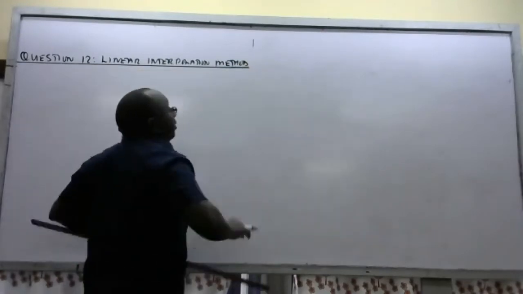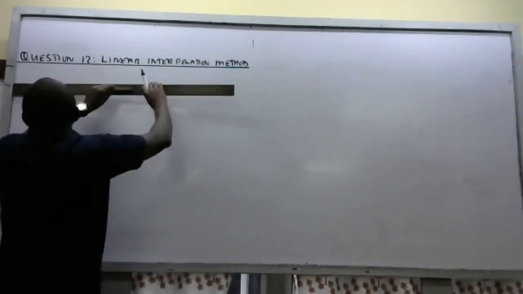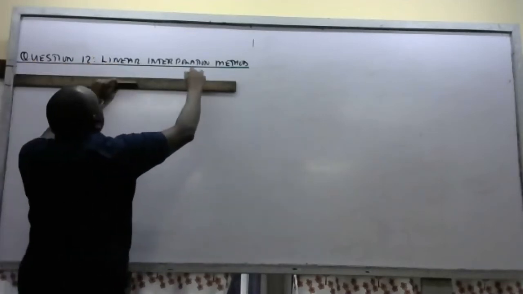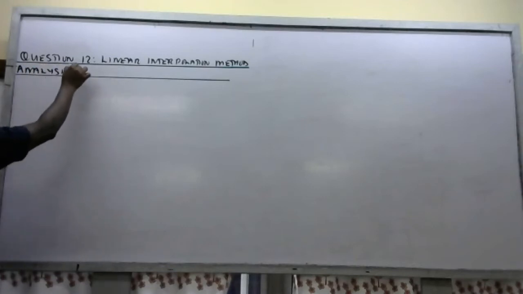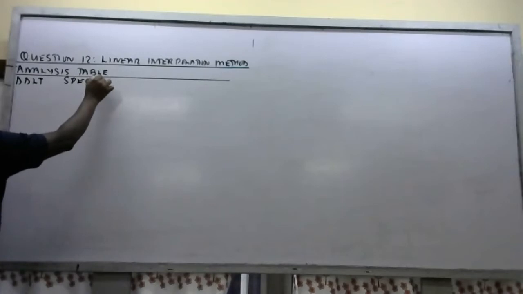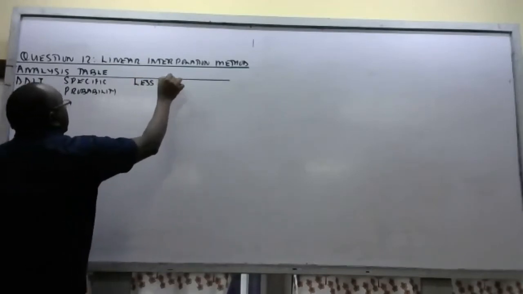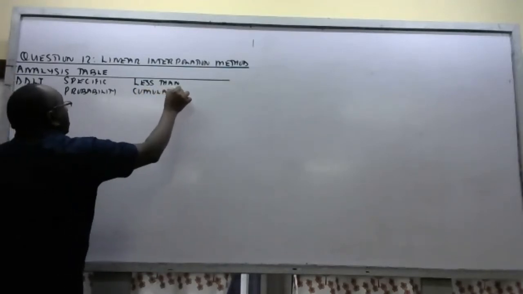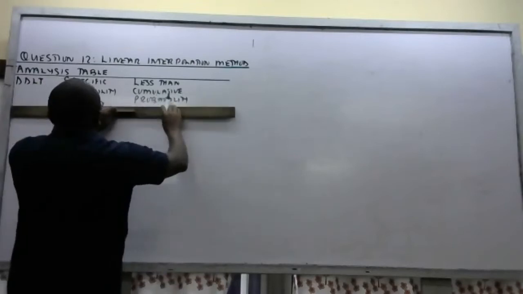So in linear interpolation, you prepare an analysis table, and in this analysis table we have PDLT, then what we call specific probability, then what we call less than cumulative probability.